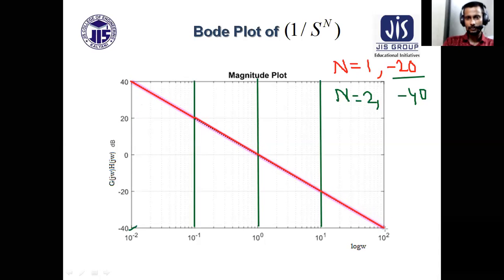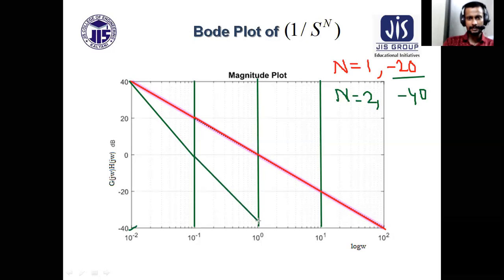So this is the slope for n equals 1. Now if n equals 2, what will be the slope? The slope will be minus 40 dB per decade. That means in one decade it will be reduced by 40 dB. See, from 40 to 0 it is reduced in one decade.